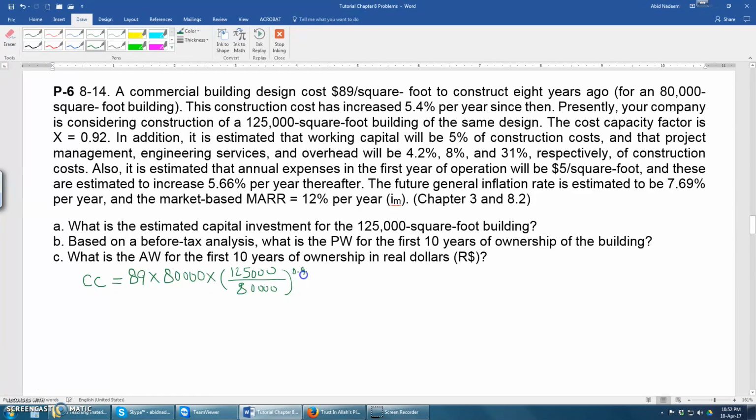So this will be the power of this expression, and then multiplied by the cost index. Cost index is basically given by the 5.4% average increase per year. So this is for 8 years, and will be calculated by multiplying by 1.054 to the power 8.